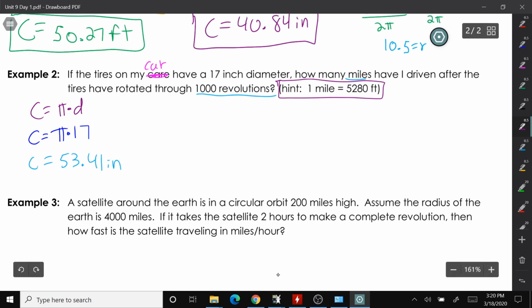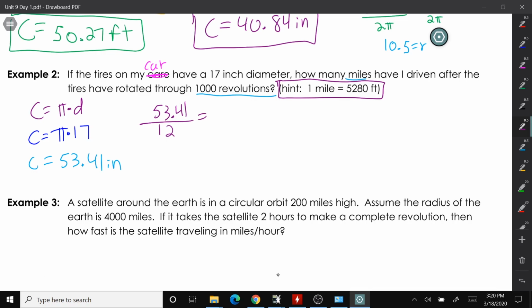So I'm going to take this 53.41 divided by 12. And I get 4.45. So the circumference of my car's tire is 4.45 feet.